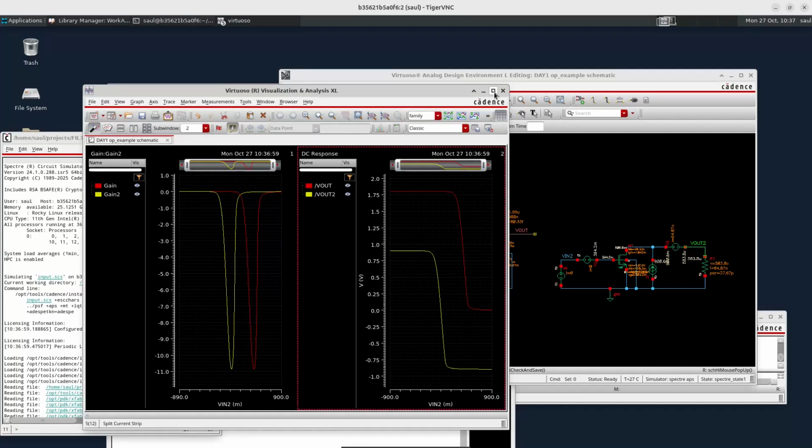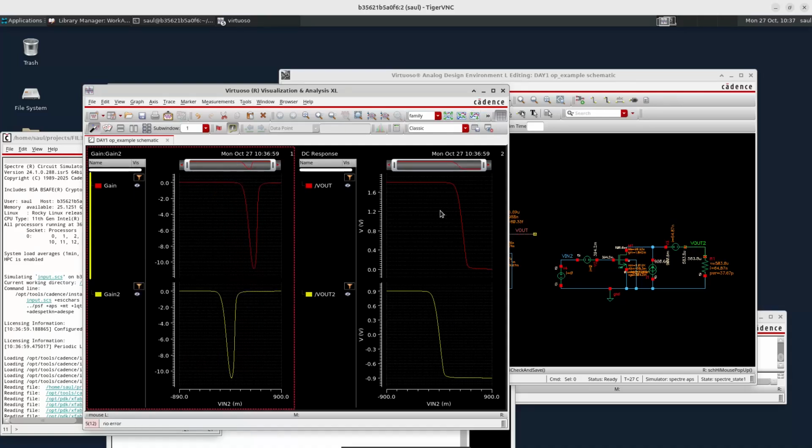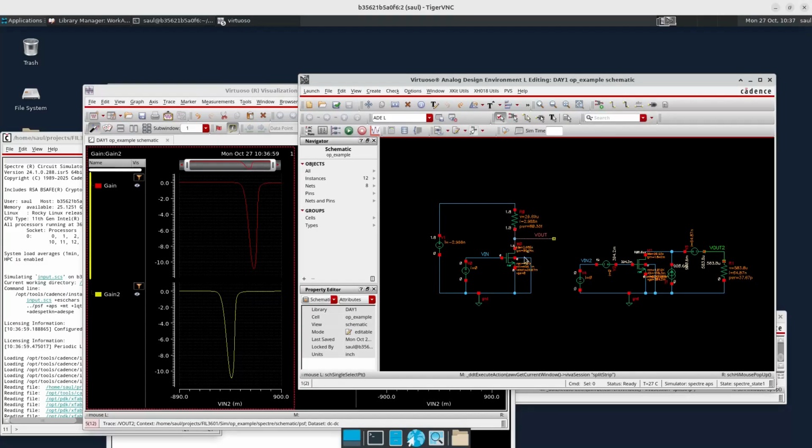Okay, and now let's analyze this simulation setup. We're going to split these ones. For this connection, for this schematic here, we have input V in and output V out.